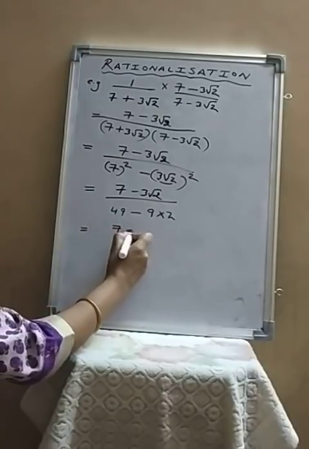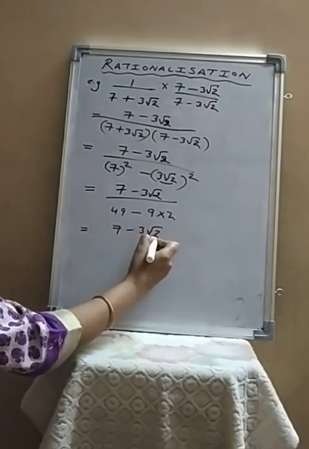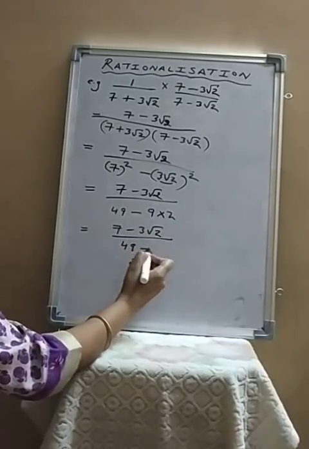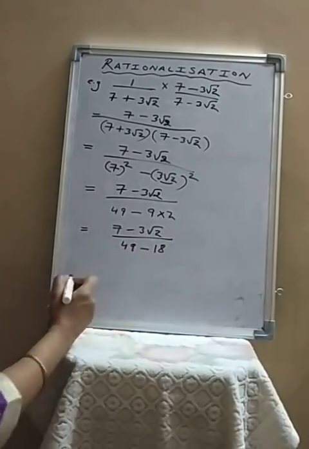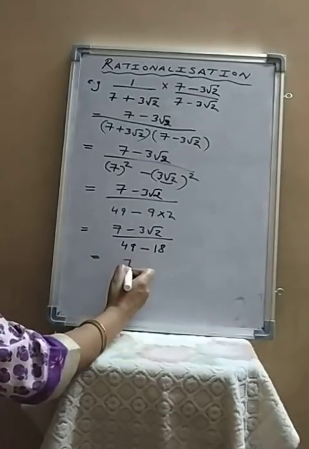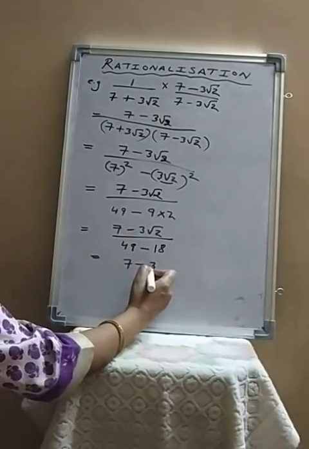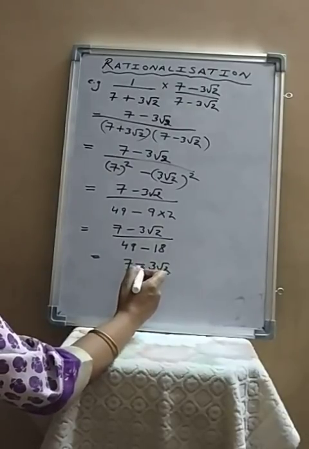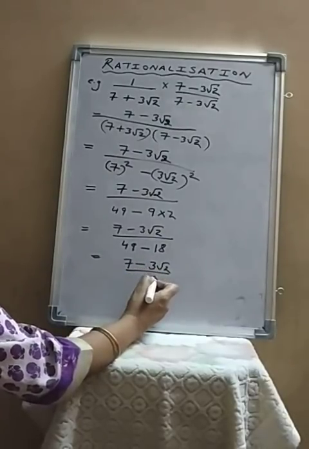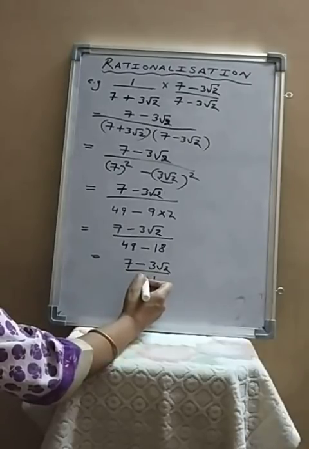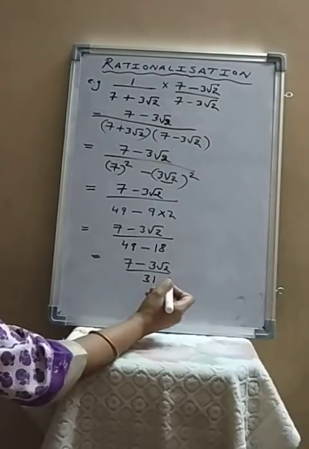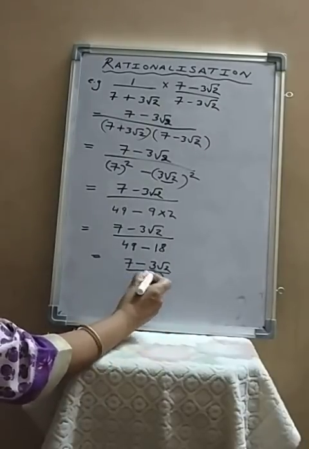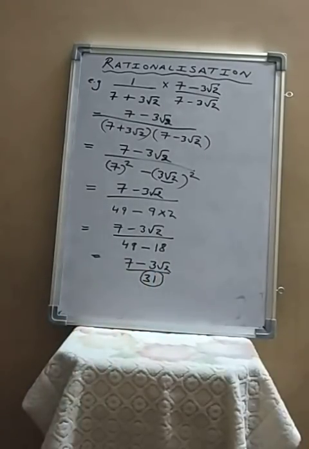So this becomes 7 minus 3 root 2 upon 49 minus 18. What is left? We are left with 7 minus 3 root 2 upon 31. So this is the final answer, and see, our denominator has become a rational number.